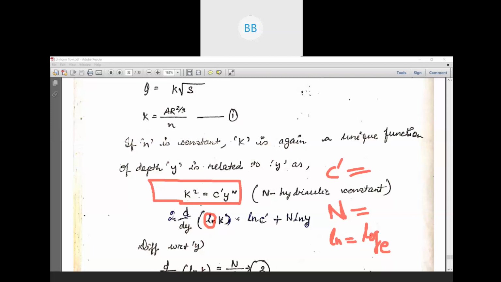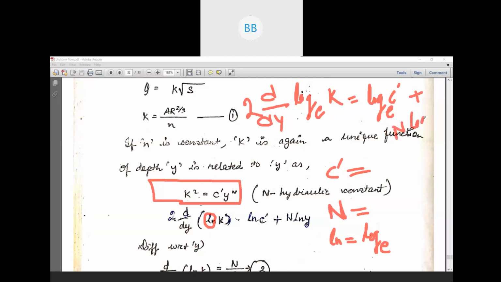This is similar to your first case. Log e, we have twice here, then log e of C dash plus n log e y.